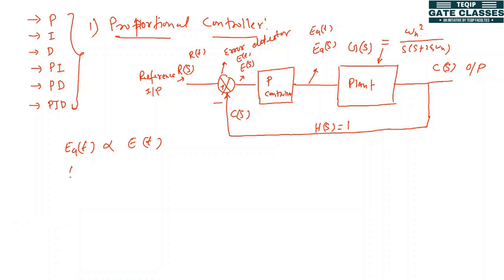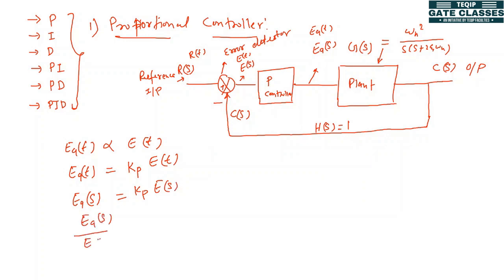So ea(t), the actuating signal, is equal to Kp times e(t), if I take Kp as the controller gain. If we remove the proportionality, then a constant will be there. Now if I take the Laplace transform, we can write in the frequency domain Ea(s) is equal to Kp into E(s). So Ea(s) divided by E(s) is Kp, and this is known as the controller gain, that is Gc(s), the gain of the controller.